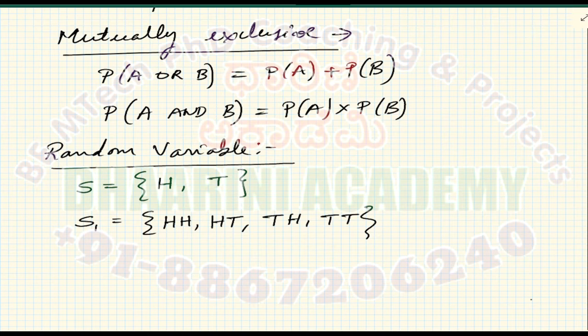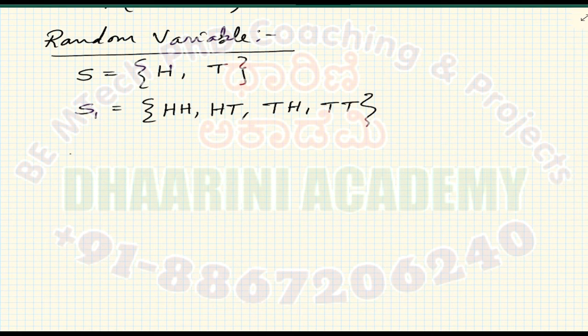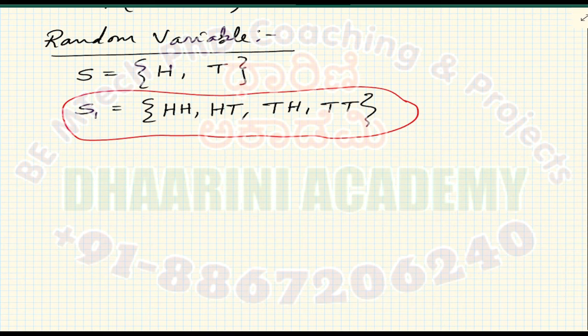Now, what we are trying to do here is this: what if each result of a random experiment is converted into a real number? For example, I will define an event. This is the total set of possible outputs you may get when you do this experiment.